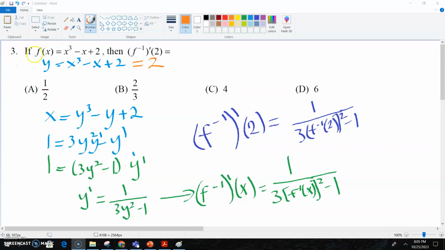So if I plug in, say, 1, 1 cubed is 1, minus 1 is 0, plus 2 is also 2. So we're going to go with that option because the other one is not quite working. So this is equal to 1 over 3 times 1 squared minus 1. 3 times 1 squared is 3 minus 1 is 2, so our answer is 1/2.